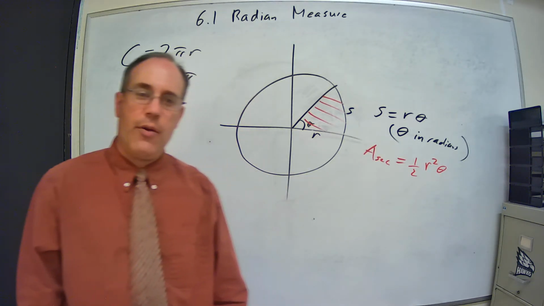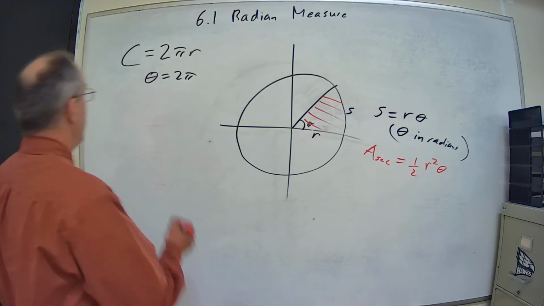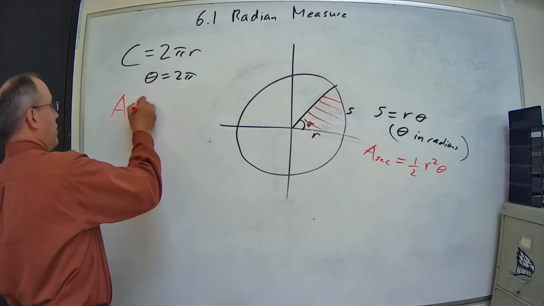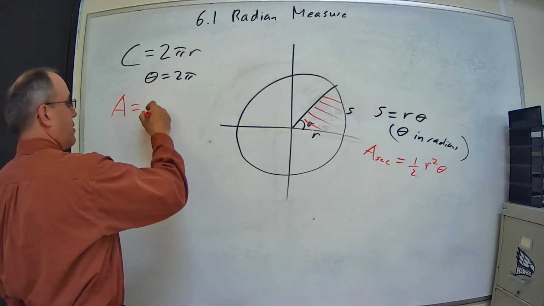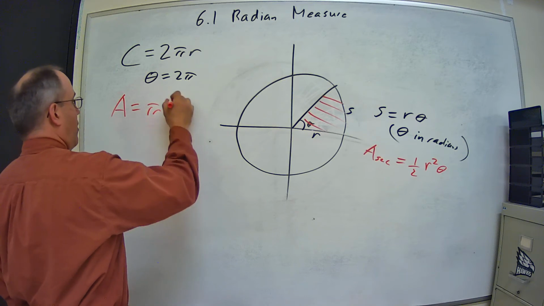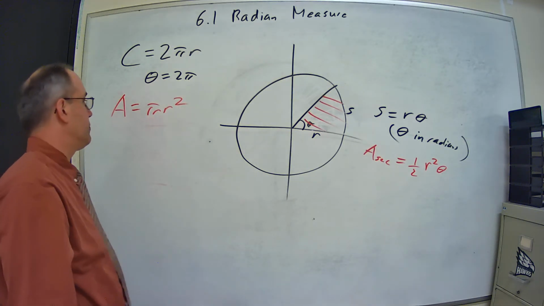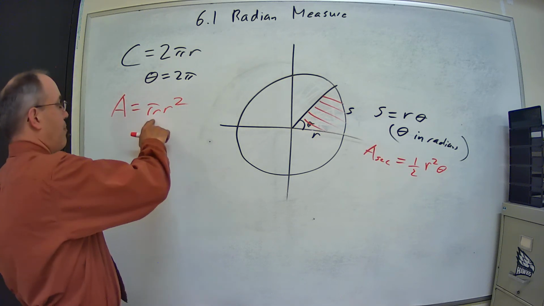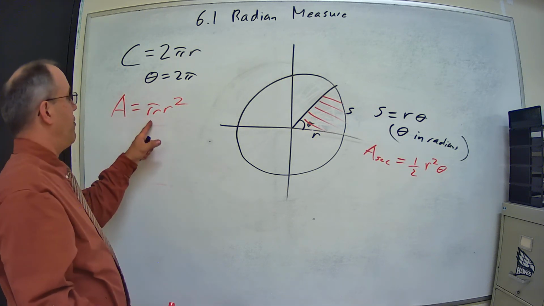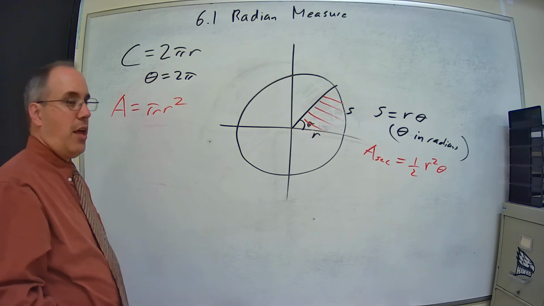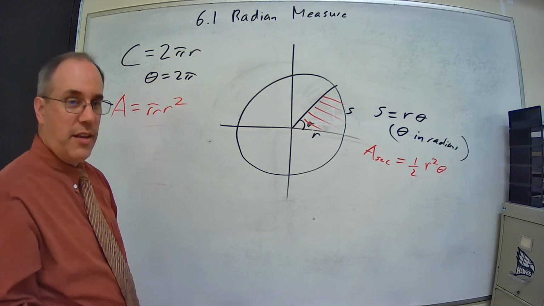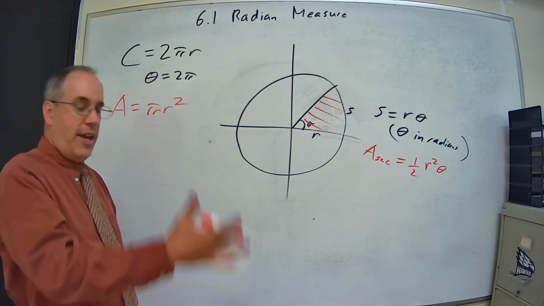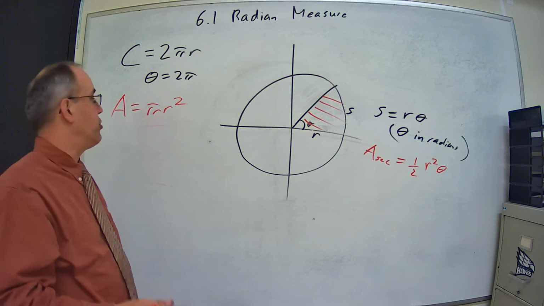Well, where did I get that one from? Well, what is the area of a circle? It's pi R squared, right? So if the area of a circle is pi R squared, I know that the number of radians covered is 2 pi.